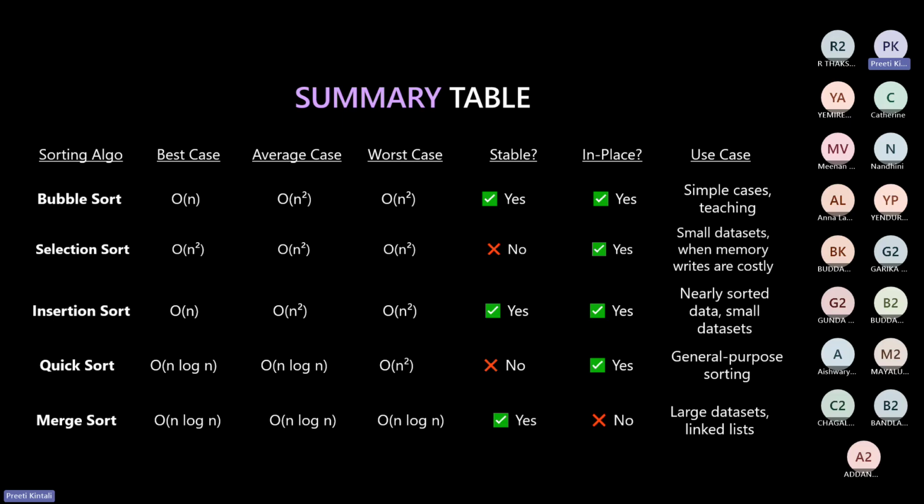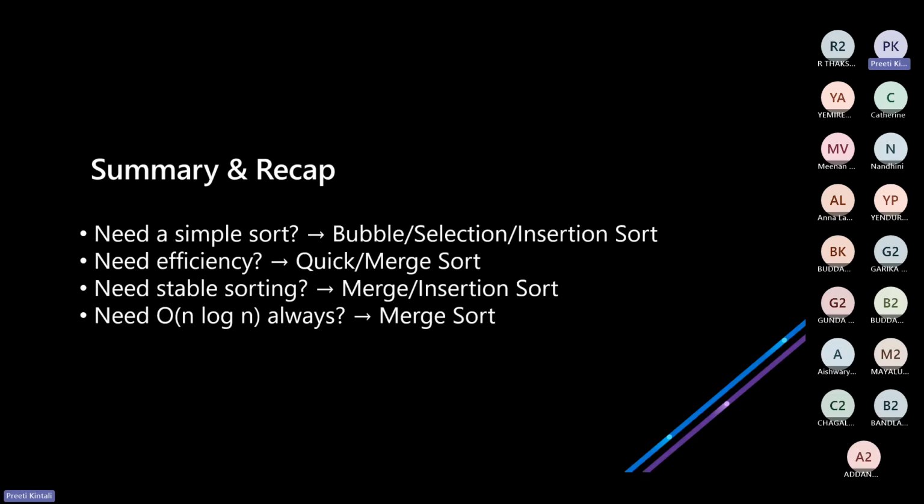You can take a snapshot if you want. Now, we have finished everything. Summary and recap. If you need a simple sort, then go for bubble, selection or insertion sort. But if you need efficiency over time, that means if you want a lower time complexity algorithm, then choose quick sort or merge sort.